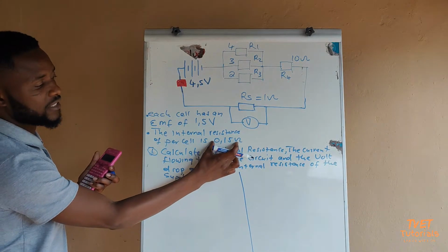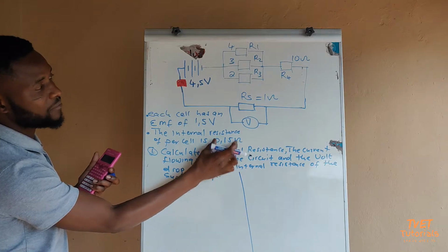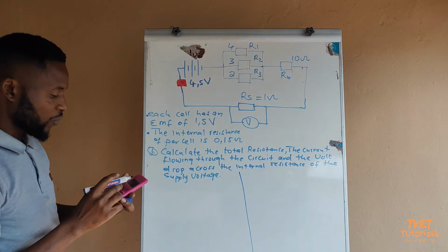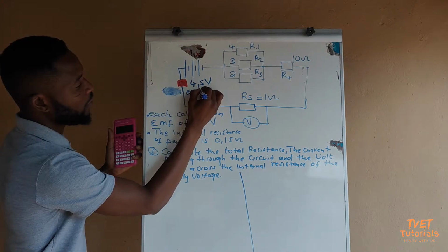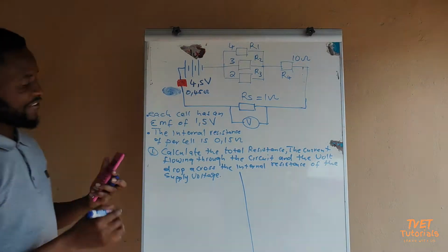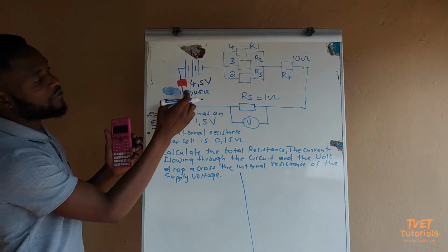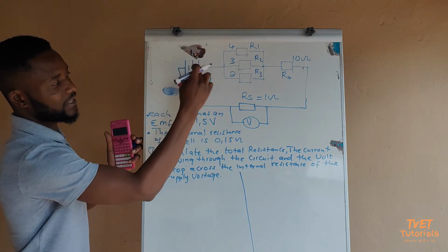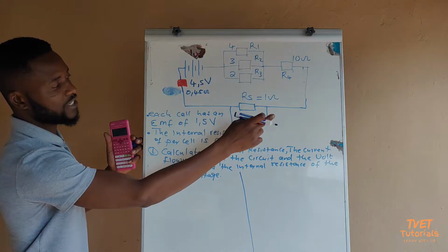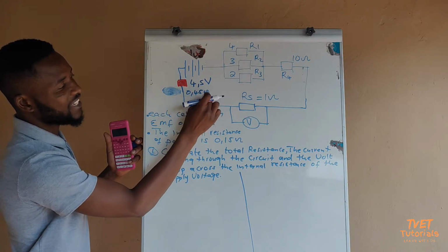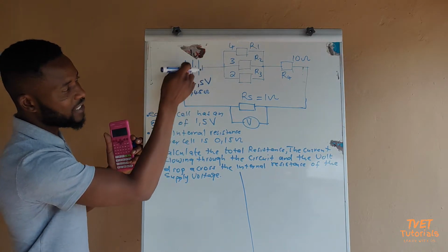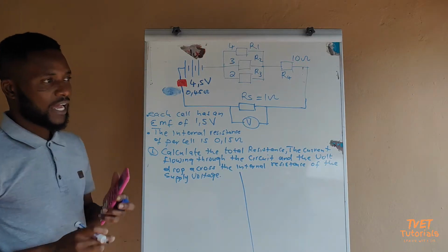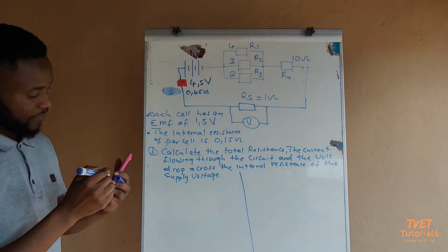Remember, we've calculated it: 0,15 multiplied by the number of cells, so we are getting 0,45 ohms. So don't be confused there. The 4,5 volts is for the battery; that's what you are supplying to the circuit. The 0,45 is the internal resistance of the battery. I marked it in red there, as you can see.